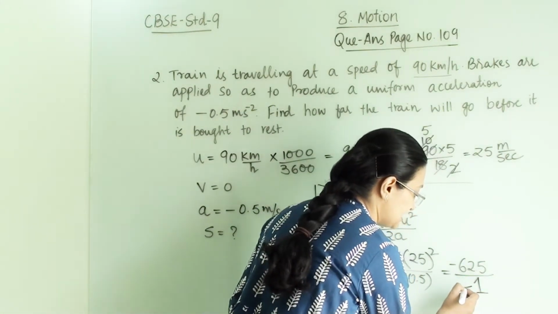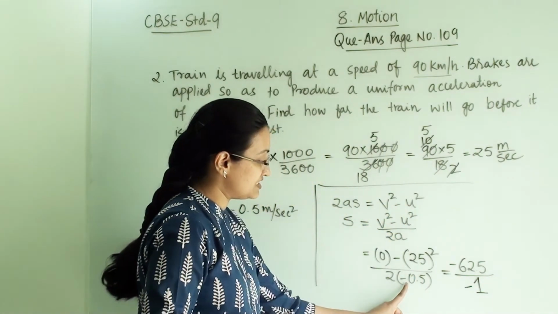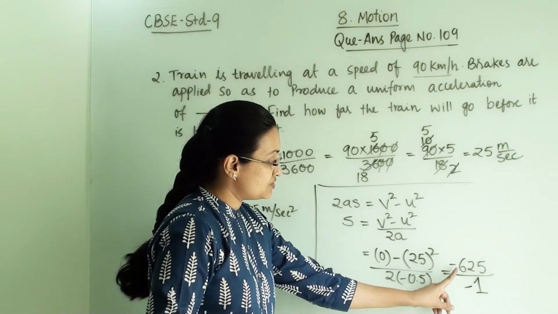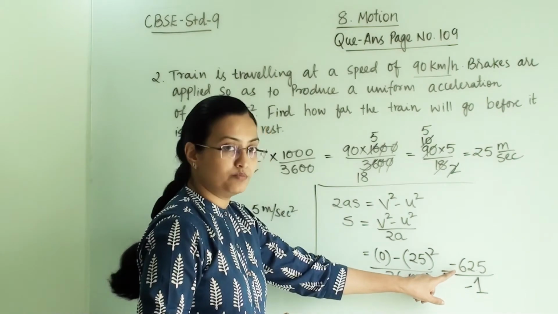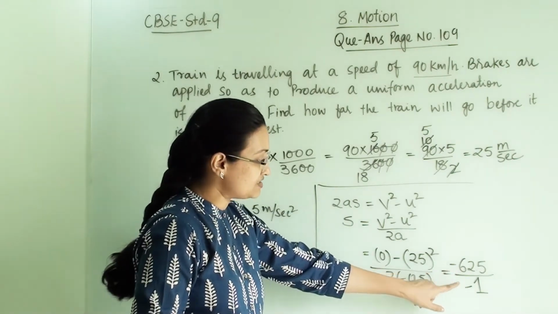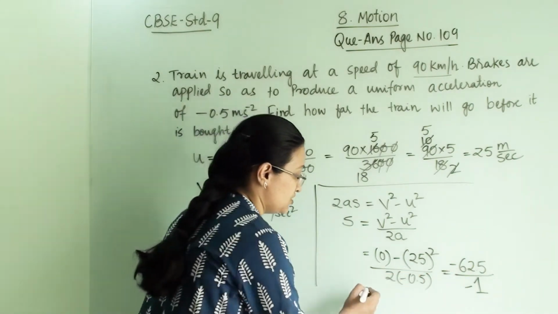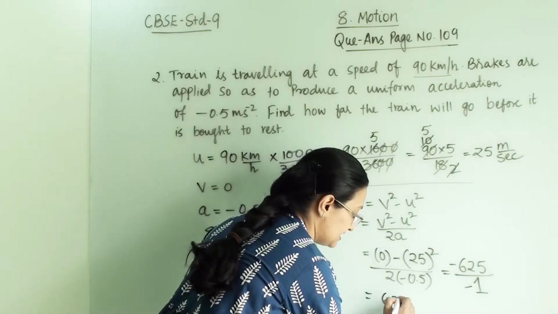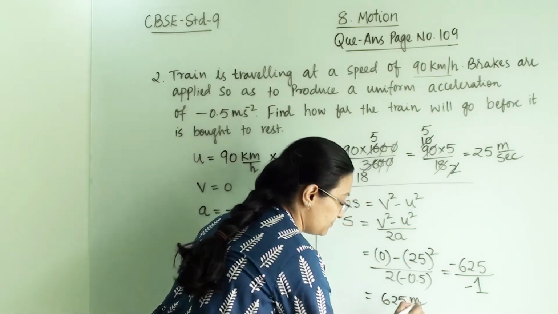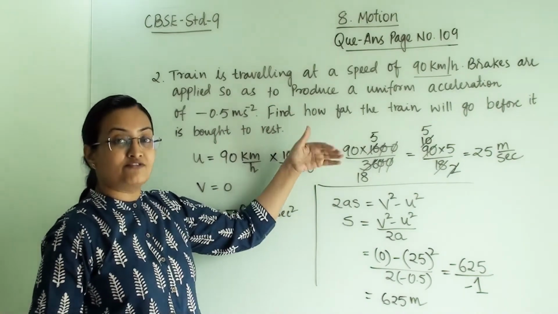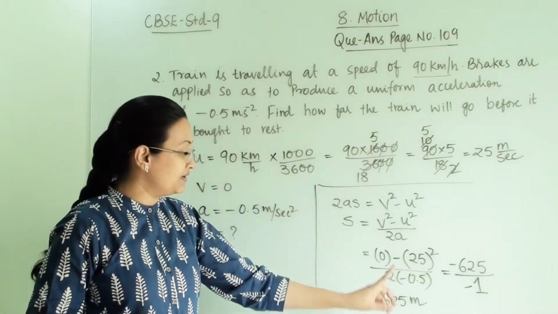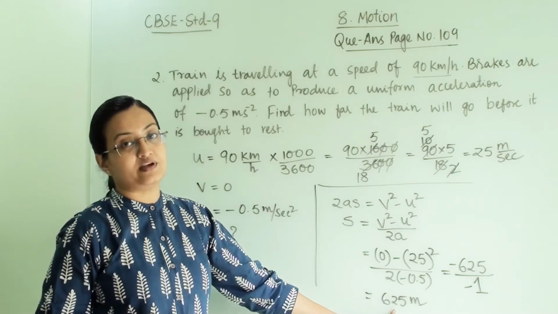So 1 is here and that too negative, because this is carrying a negative sign. So 625 divided by 1 gives the whole number 625, and minus minus will become plus. So our answer is 625 meter. So the distance the train will travel after it has applied the brake is 625 meter.